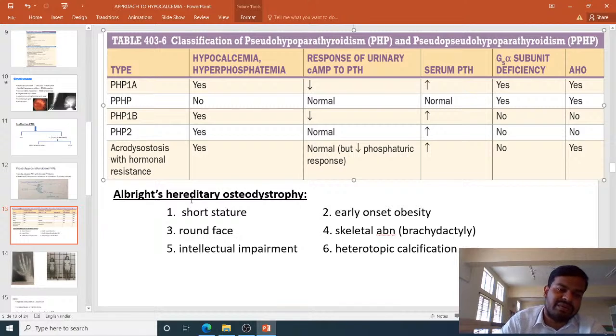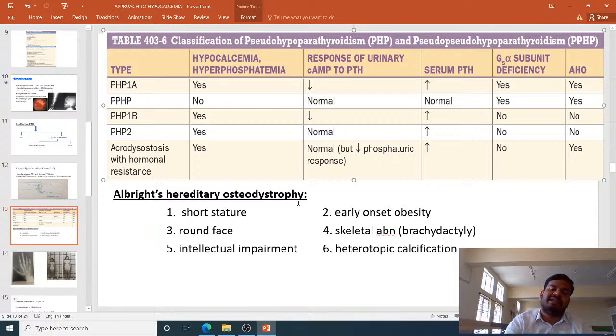Acrodysostosis with hormonal resistance has low calcium and increased phosphate, a normal cyclic AMP response, increased parathormone secretion, and Albright's hereditary osteodystrophy.